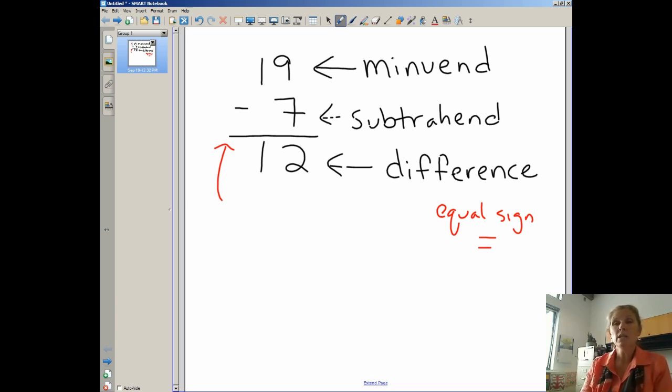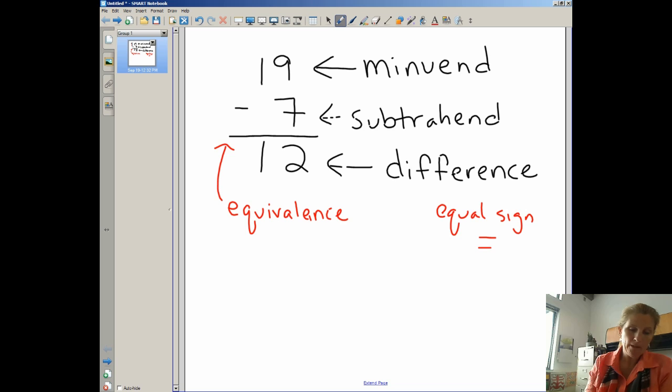And we don't really see an equal sign in this problem, but that bar indicates an equal sign. We can call it an equivalent symbol, which is like an equal sign. It's just a different way to look at it. And so we could call this an equivalent symbol also, the equal sign.